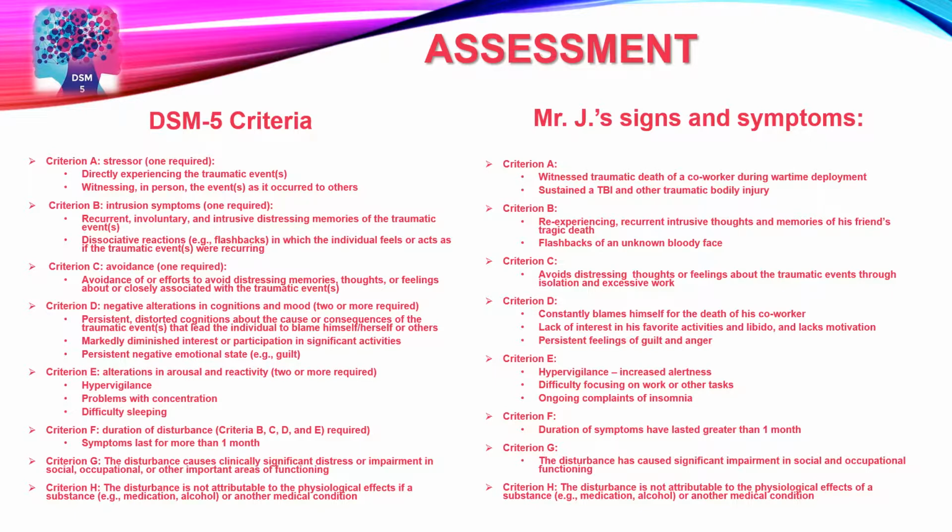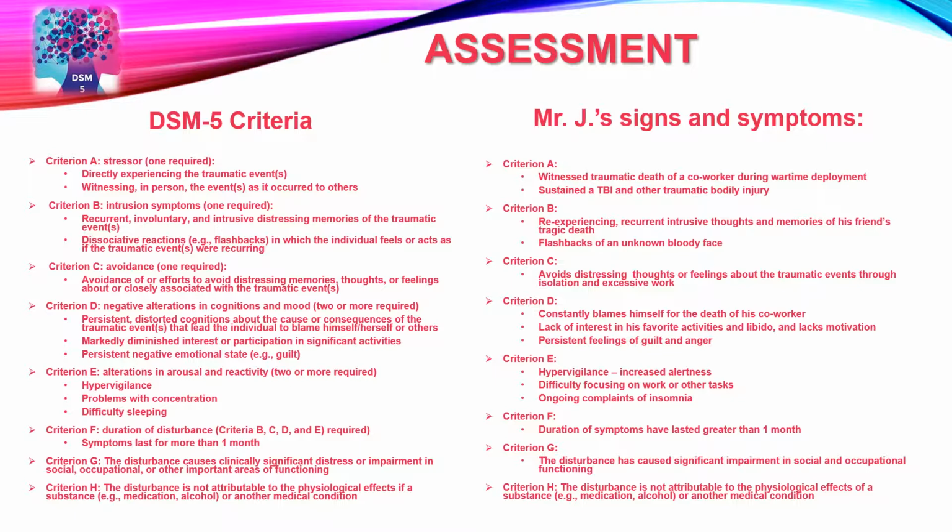He had persistent feelings of guilt and anger. Under Criterion E, he had hypervigilance with increased alertness. He had difficulty focusing on work or other tasks. He had ongoing complaints of insomnia.